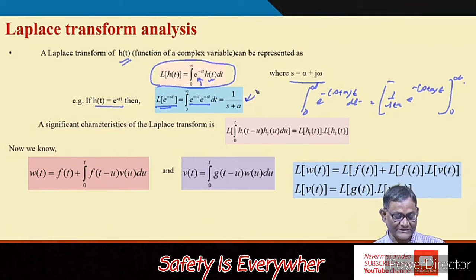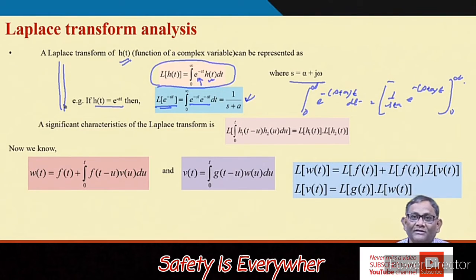So, if your function is of exponential type, then it is easier to get the Laplace transform of it. So, this is the definition of the Laplace transformation. We will not go further into the fundamental issues of Laplace transformation.